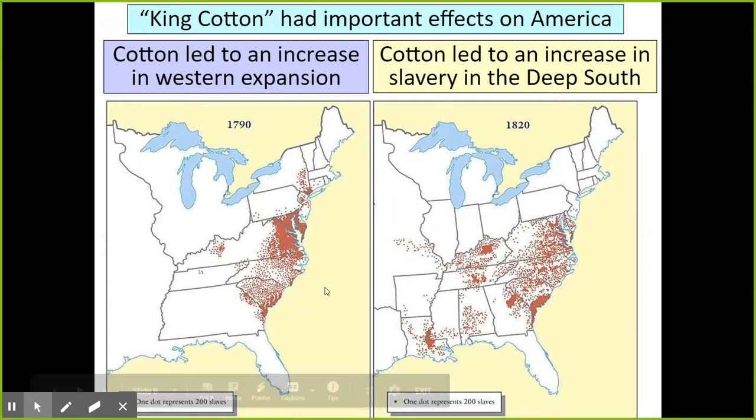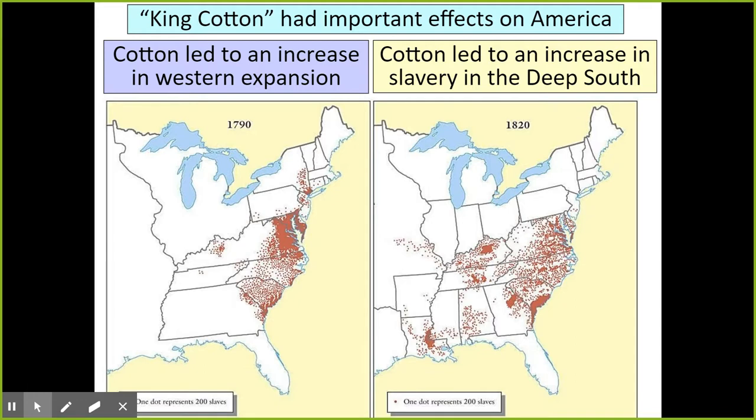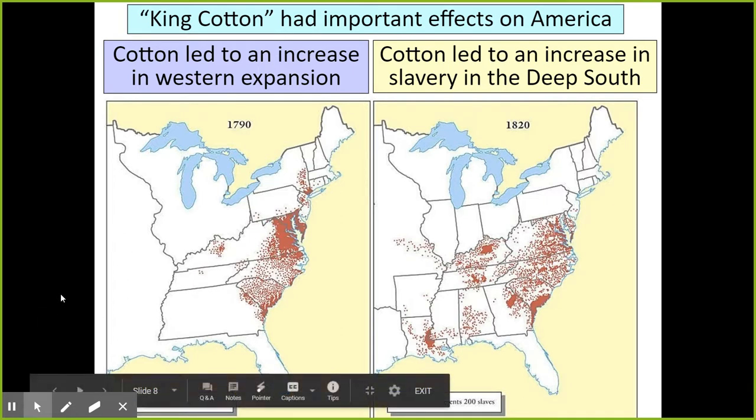Sorry, let me get off of this page. So this goes down. One dot represents 200 slaves. What we can begin to see, and this is going to be a question that you'll see quite a bit, is that cotton begins to force plantation owners to spread out a little bit.